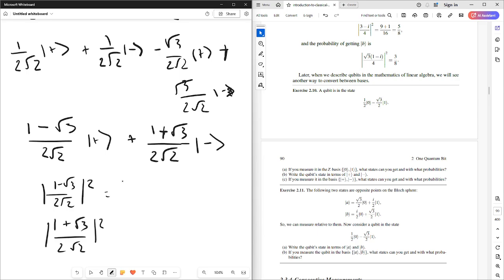We would take the complex conjugate, but in that case, it doesn't exist. So we'll just do, which is 1 plus minus square root of 3, minus square root of 3 plus 3, over 4 times 2 is 8.